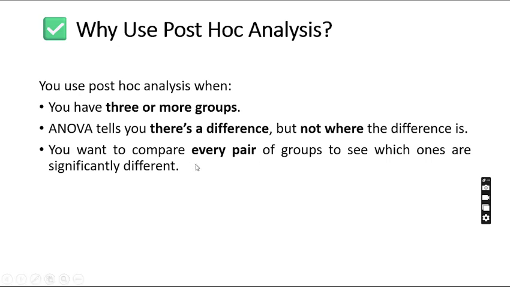So if we have more than two samples, or we want to compare the groups and we are interested in which is showing the most significant difference and which falls after that, in that case we apply post-hoc analysis. You want to compare every pair of groups to see which one is significantly different.